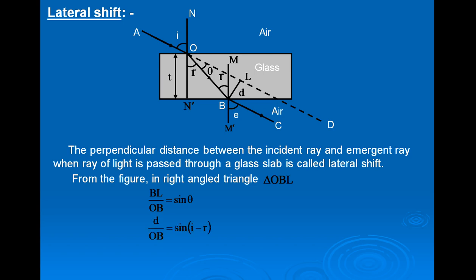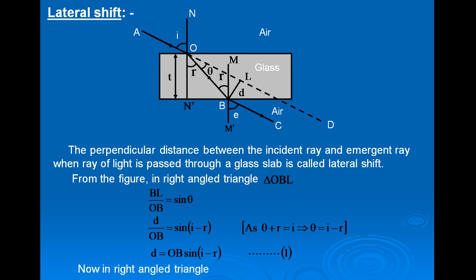BL is equal to D. Therefore, we get D upon OB is equal to sine (I minus R), as theta plus R is equal to I, the vertical opposite angle, implies theta is equal to I minus R, or D is equal to OB into sine (I minus R). Put this as equation number 1.